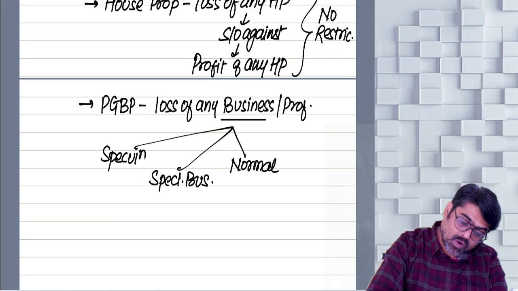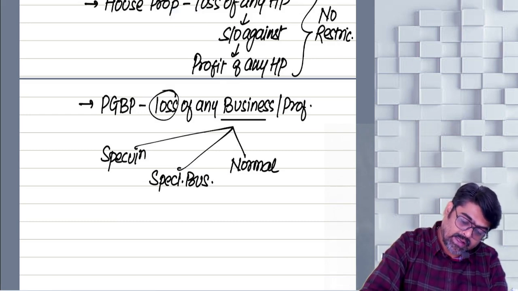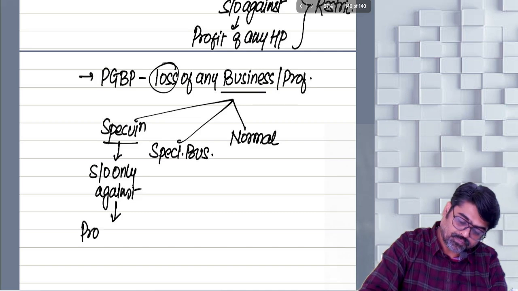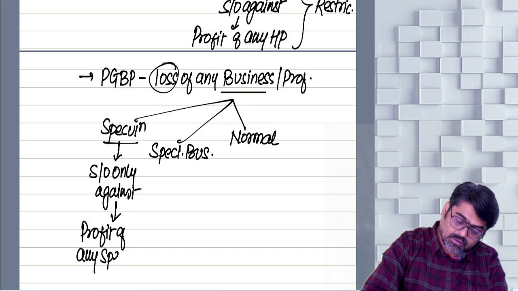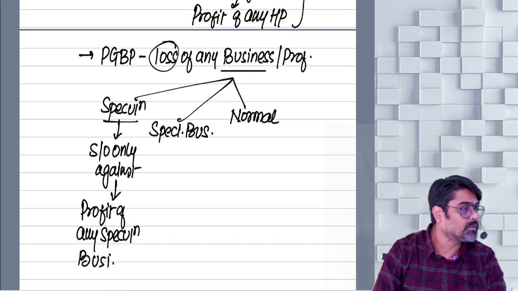Loss of any speculation business can be set off only against profit of any other speculation business. Do you remember? I have already told you this.